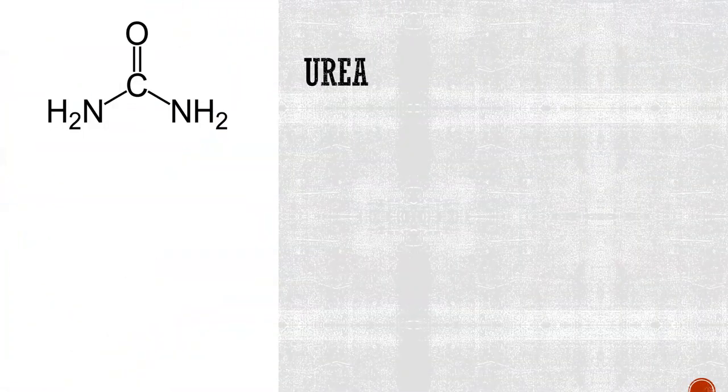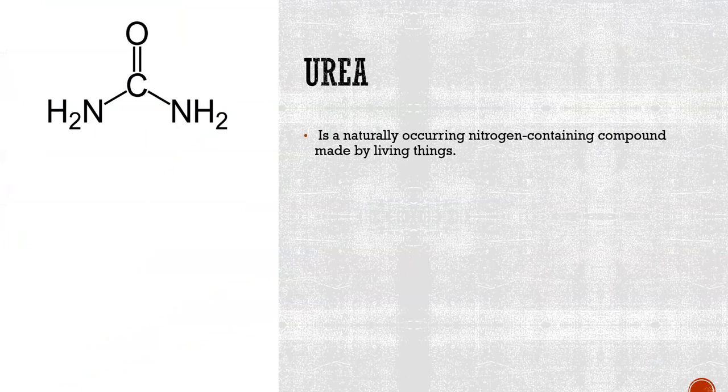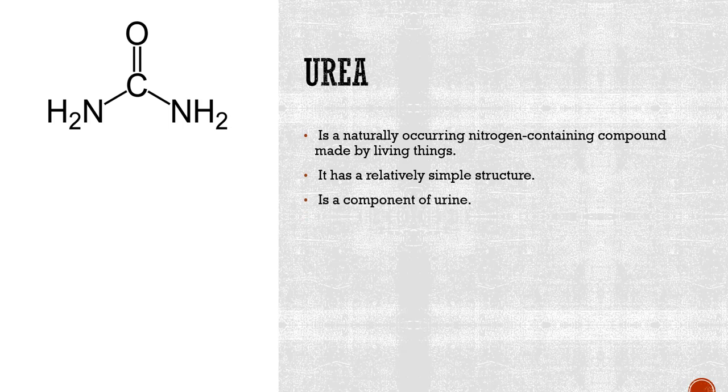Okay, so let's think about urea. It's a naturally occurring nitrogen-containing compound and it's made by living things. It's relatively simple in structure. You can see its structure there. It's a component of urine.